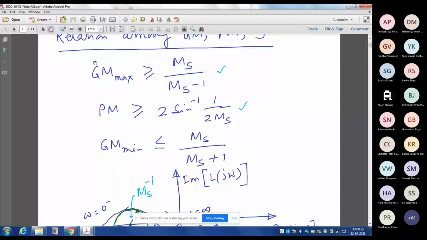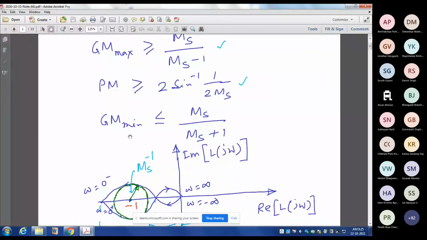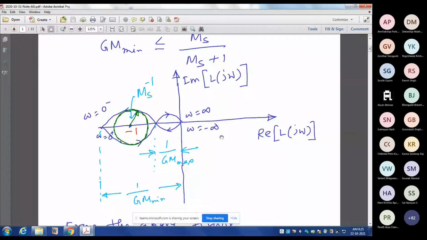From this plot, you can easily see, as I already said, this distance is 1 by GM max, and this distance will be 1 by GM min. One example whose Nyquist plot is like this we already considered in the last class, yesterday.